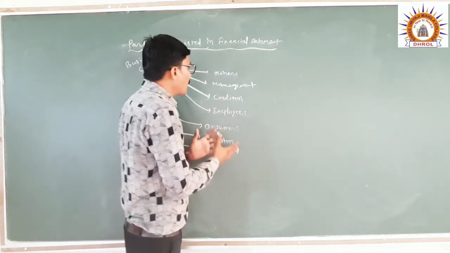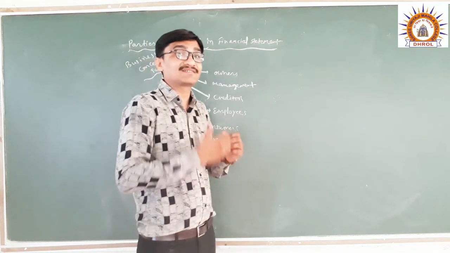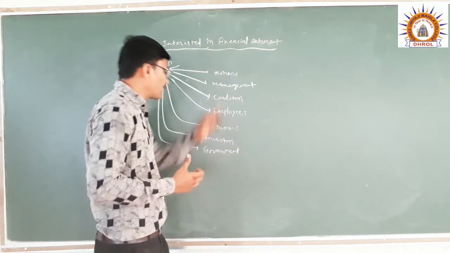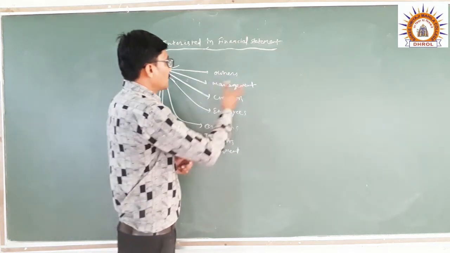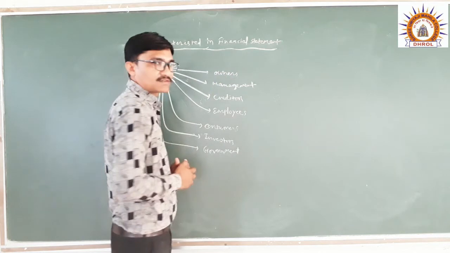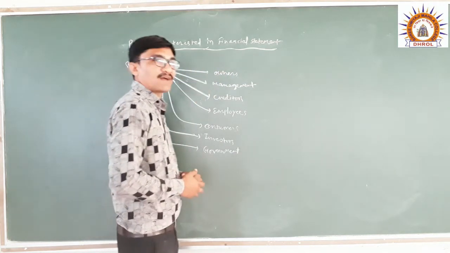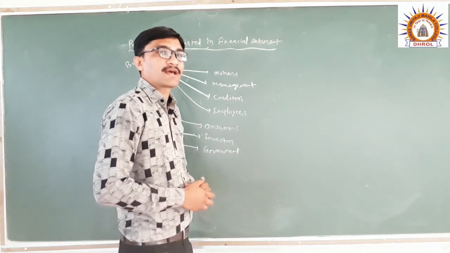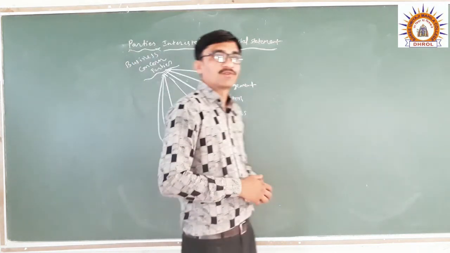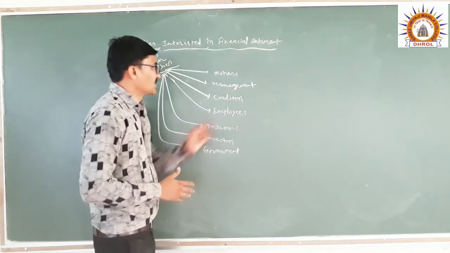So how is a particular organization's financial statement used by all these parties? Let me first explain the owners. Owners are the parties interested in knowing the financial statement of our organization. So how is the financial statement useful for the owner?